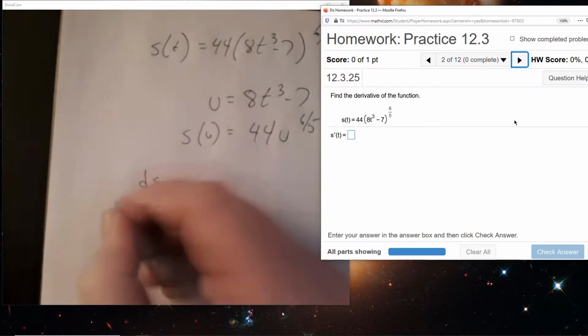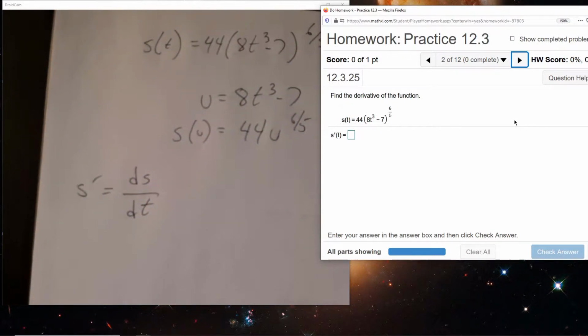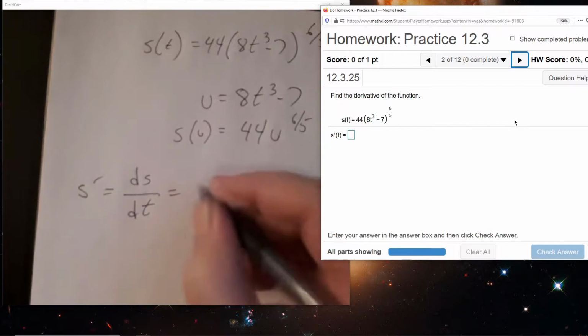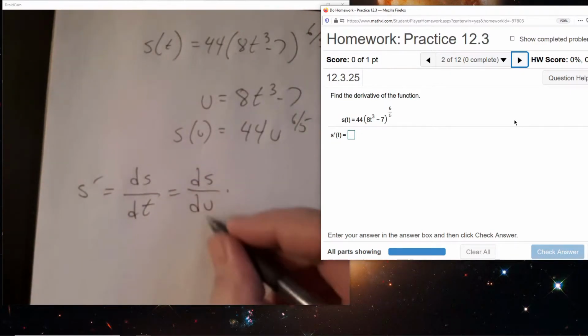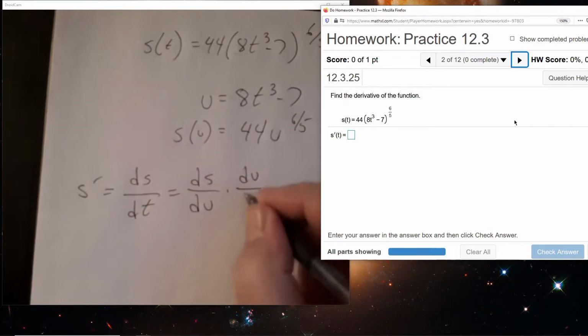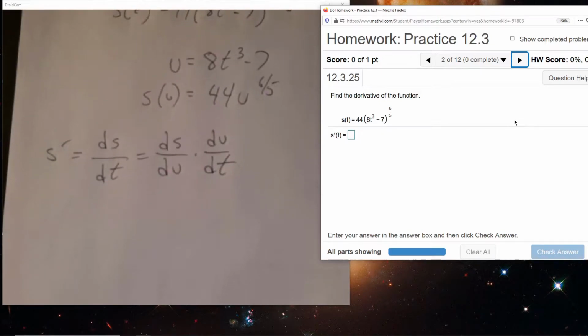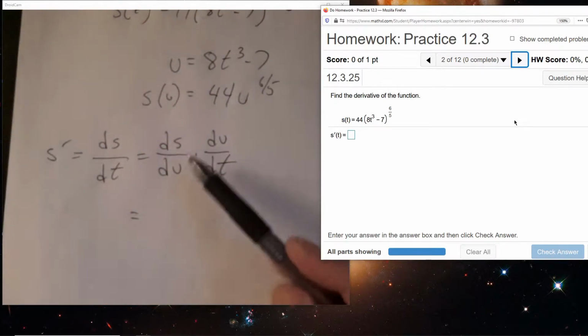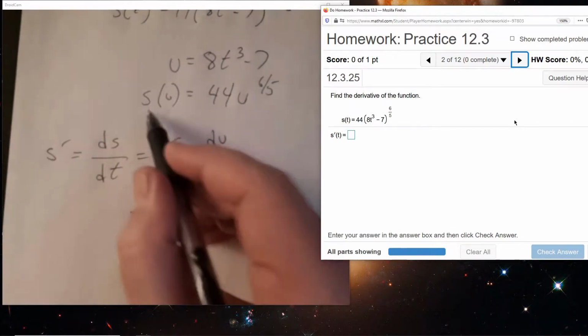So remember, ds dt, this is s prime, the derivative of s. And the chain rule says that this equals, in terms of another letter, u, we get the chain rule. So we want the derivative of s with respect to u, which is right here.